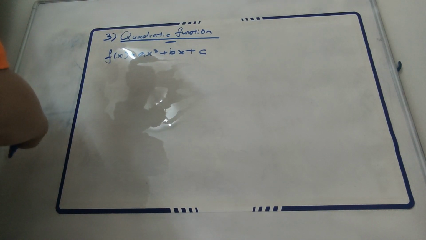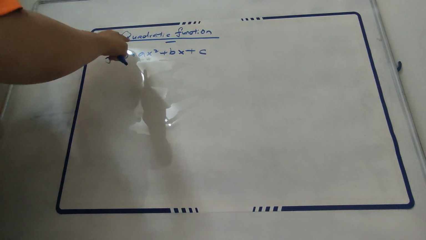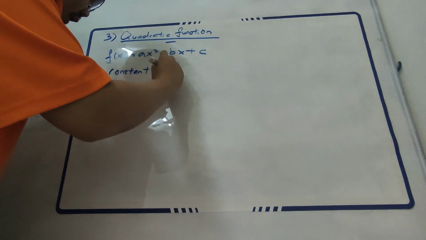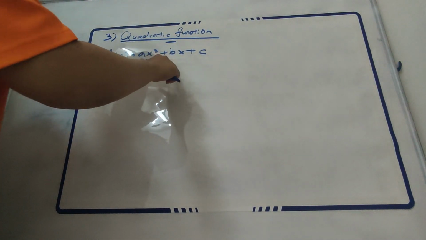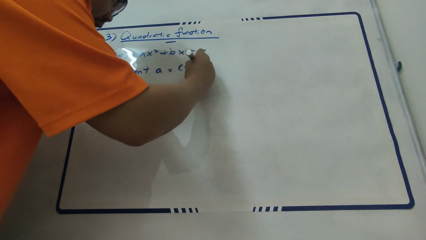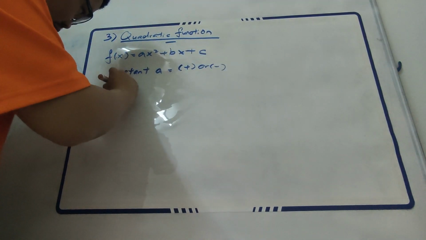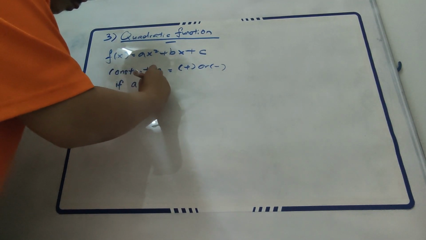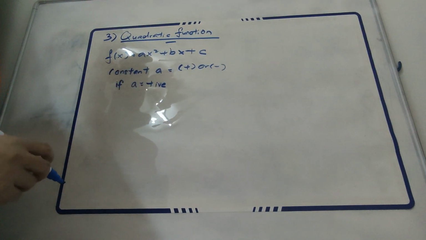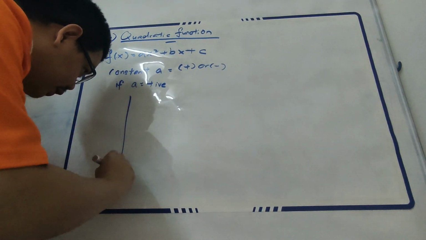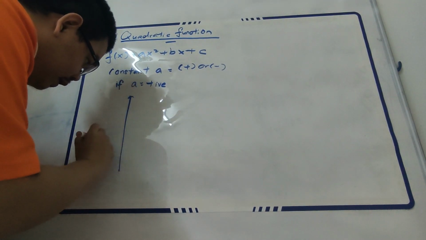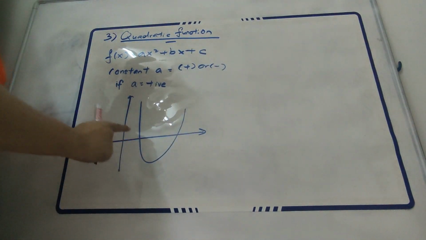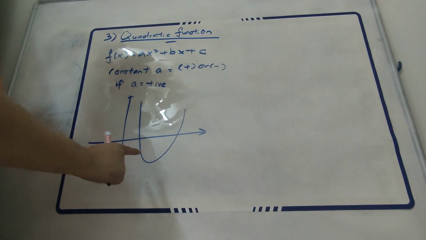And before that, you need to know that the constant a is very important for the quadratic function. If your constant a is positive, then you will have a quadratic graph like this.